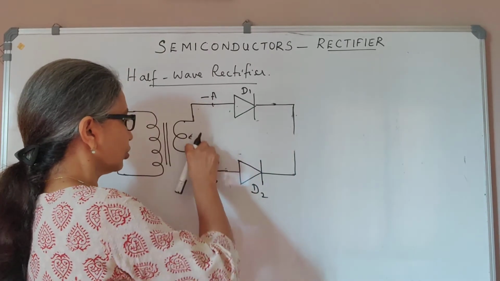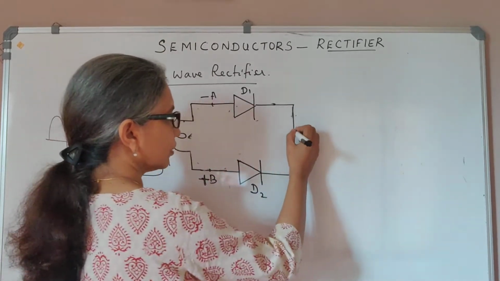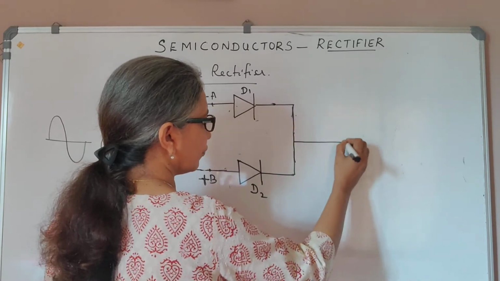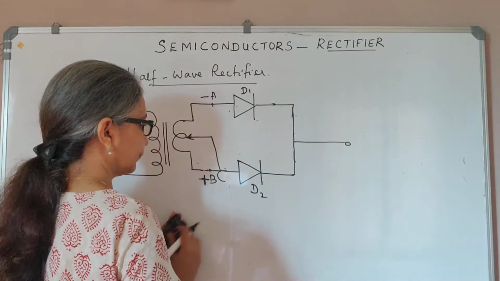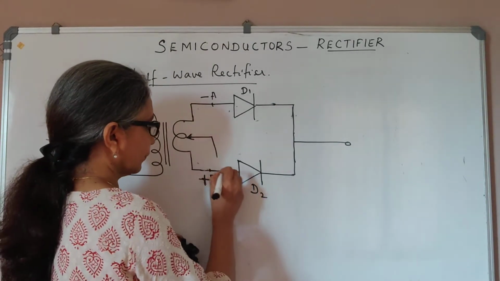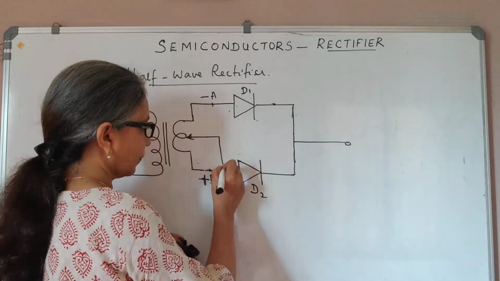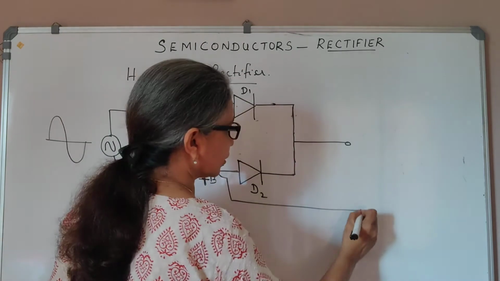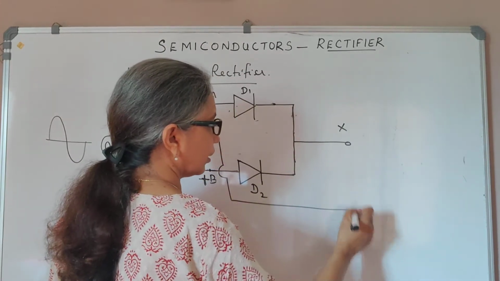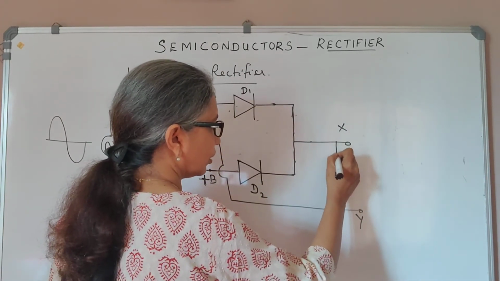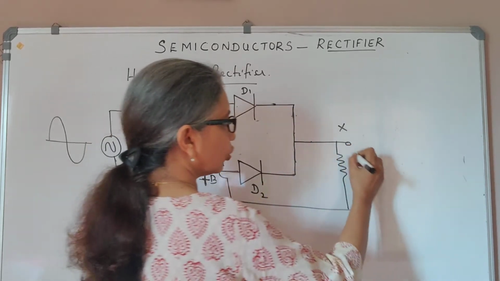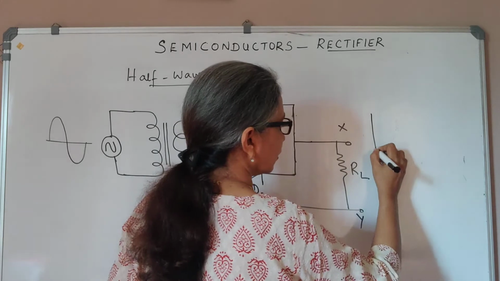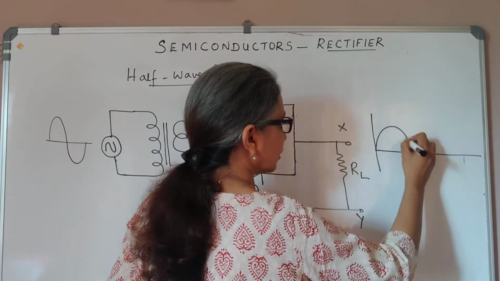Let me go back to my original diagram, because so we have the center tap, we have our terminal X here, Y here, and we had connected our load resistor across this. Now our output across this is a pulsating DC, right?